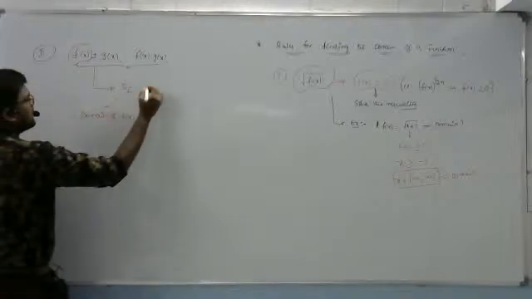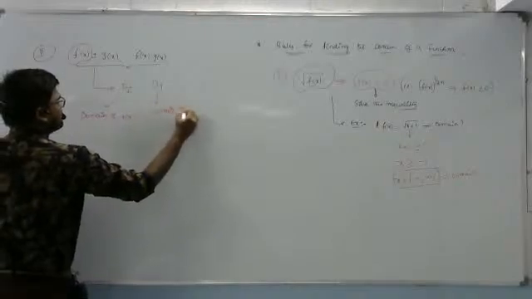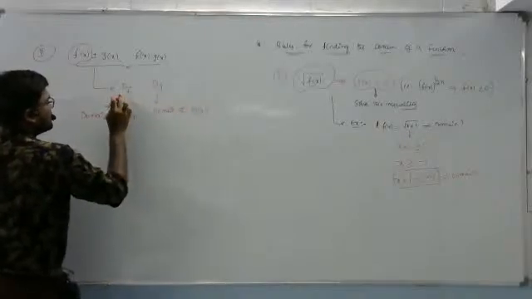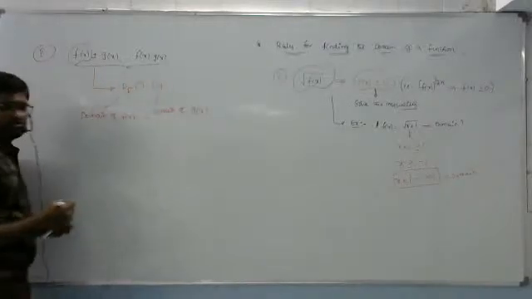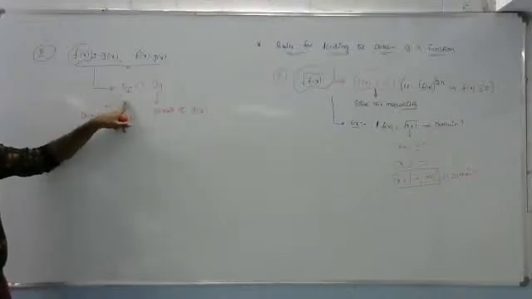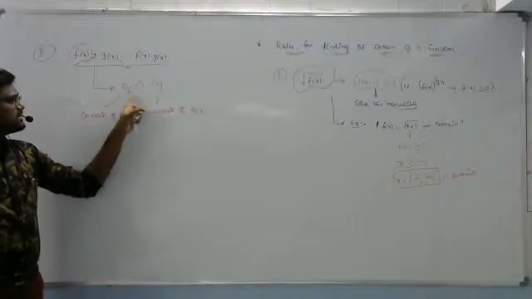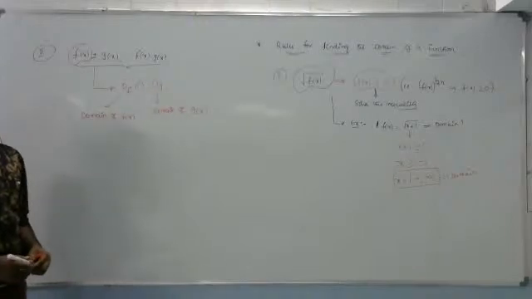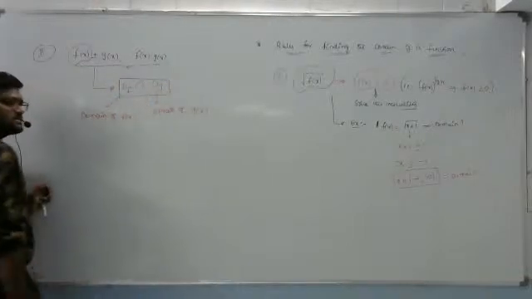Similarly, I'll find the domain of g, domain of g of x. Now, I'll find the domain of the individual functions and I'll take the intersection of these two domains. Here you'll get one interval for x, here you'll get another interval for x. If you take the intersection of these two, I'll get the complete answer. Understand?